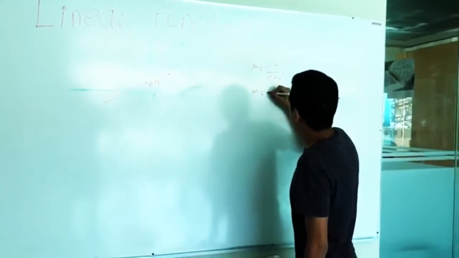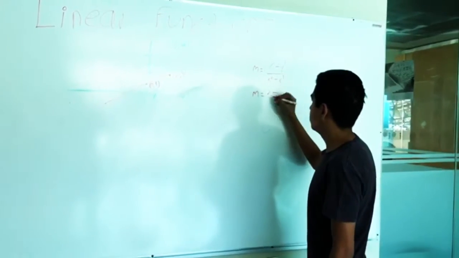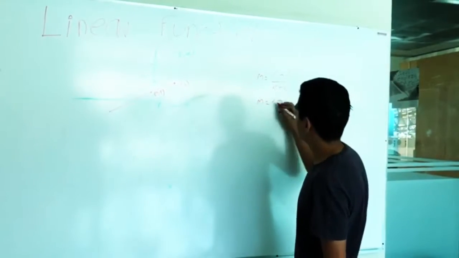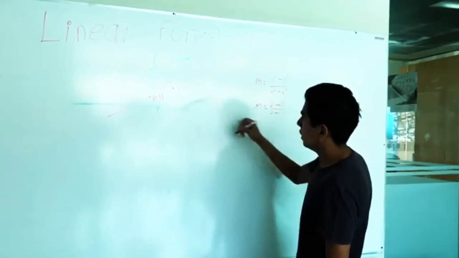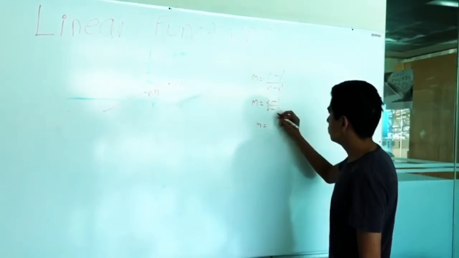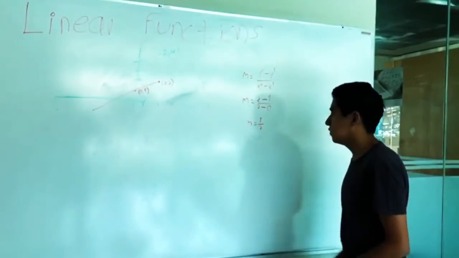So we're going to say 2 minus 1 divided by x2 will be 2 as well, and 0. So m will be equal to 1 divided by 2, 1/2.